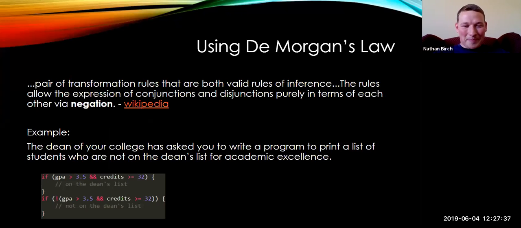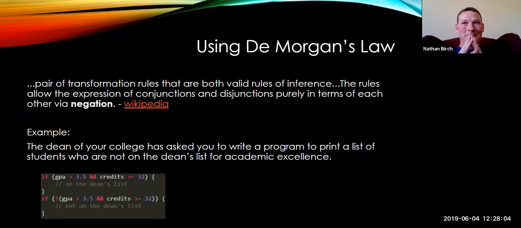So De Morgan's law, defined by Wikipedia, is a pair of transformation rules that are both valid rules of inference. The rules allow the expression of conjunctions and disjunctions purely in terms of each other via negation. I bolded that because that is the crux of De Morgan's law. It all has to do with negation.